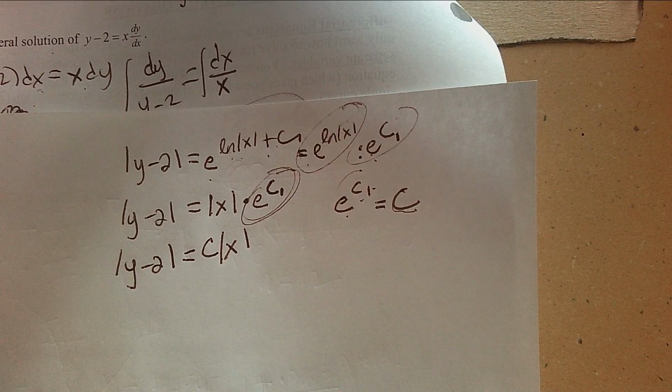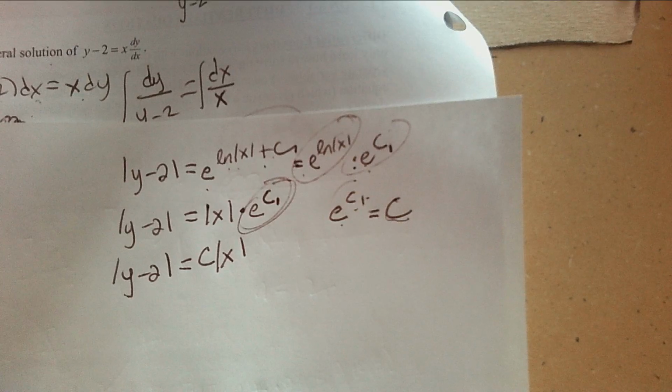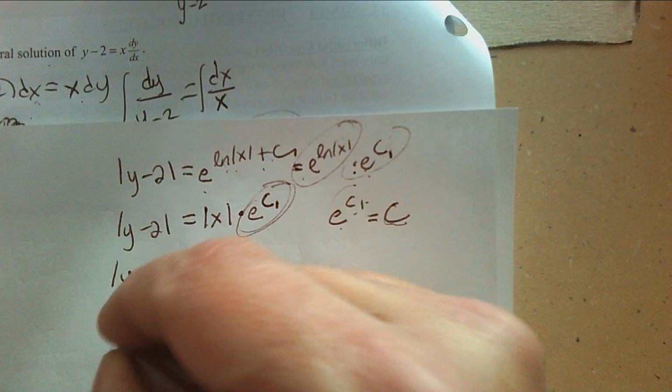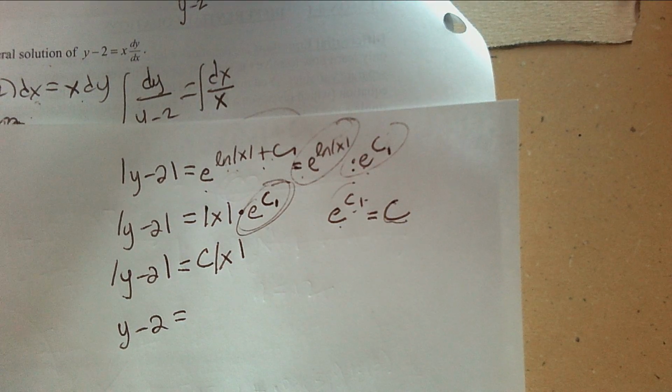Now, I need to be able to remove the bars. Do you know that? And what does absolute value do? If it's a positive number or if it's a negative number, you're going to get the same positive answer, right? On the right. So to undo the bars, the answer on the right could actually be positive or negative, just like a quadratic, because the absolute value of a positive number or the absolute value of a negative number will give you the same answer.